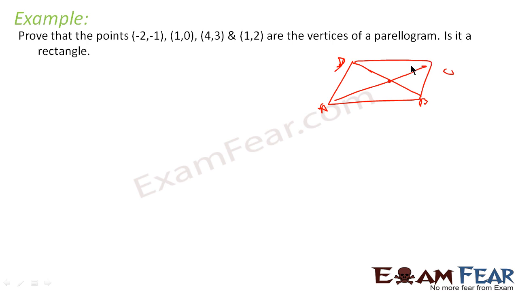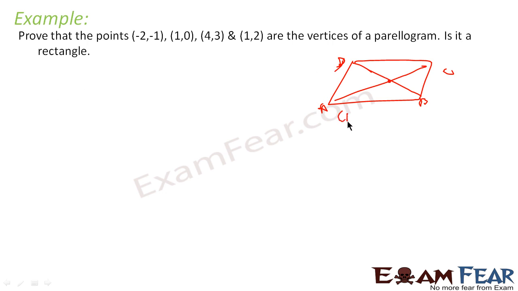That is, we will not check the sides. And then we can check for AC and BD. Correct. If AC and BD are different, that means it is a parallelogram. If they are same, that means it is a rectangle.